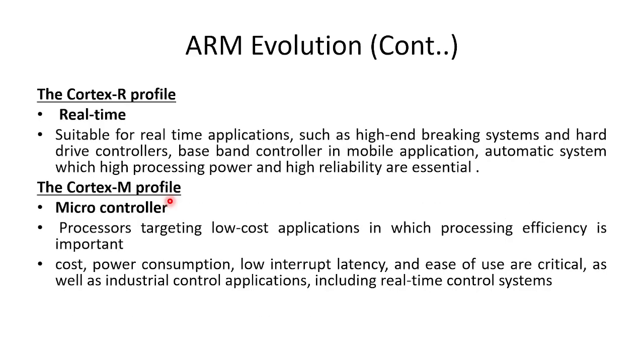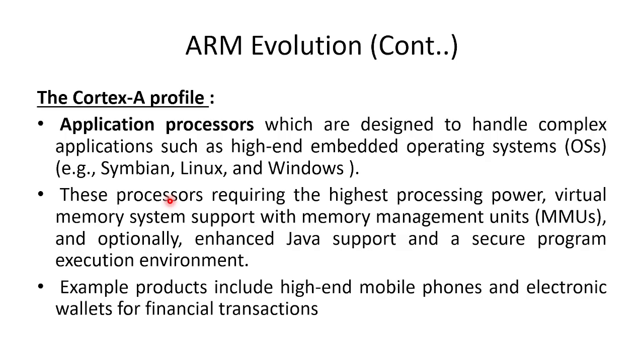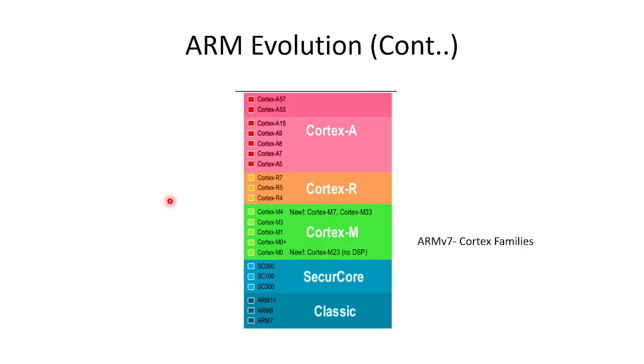Cortex A means the application profile, application processors. Secure core and classic are for the developers of the core itself. Those who develop the core of ARM will follow the secure core or classic model.